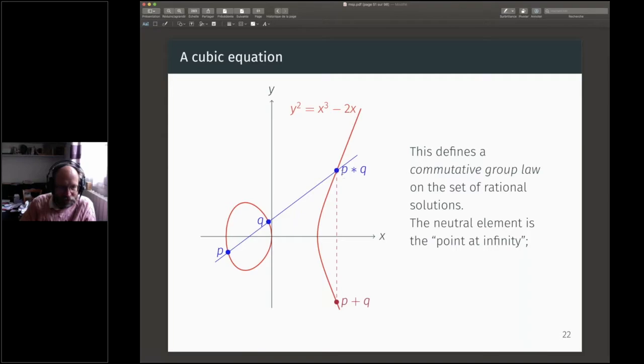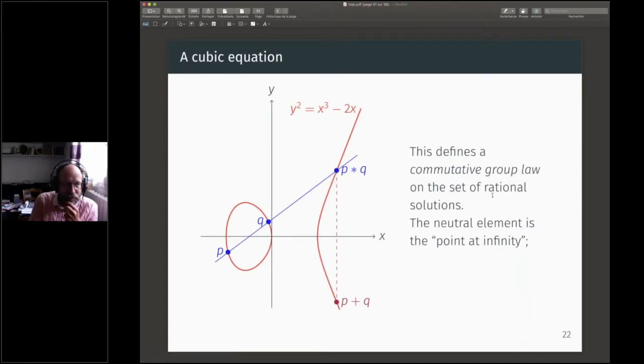So P plus Q is the symmetric of P star Q, and in fact, the relation is P star Q is minus P plus Q. So the formula could be P plus Q plus P star Q is 0. And so I have a commutative group law on the set of solutions. And this group law, incidentally, is a fundamental object in the proof of Fermat's last theorem in general.